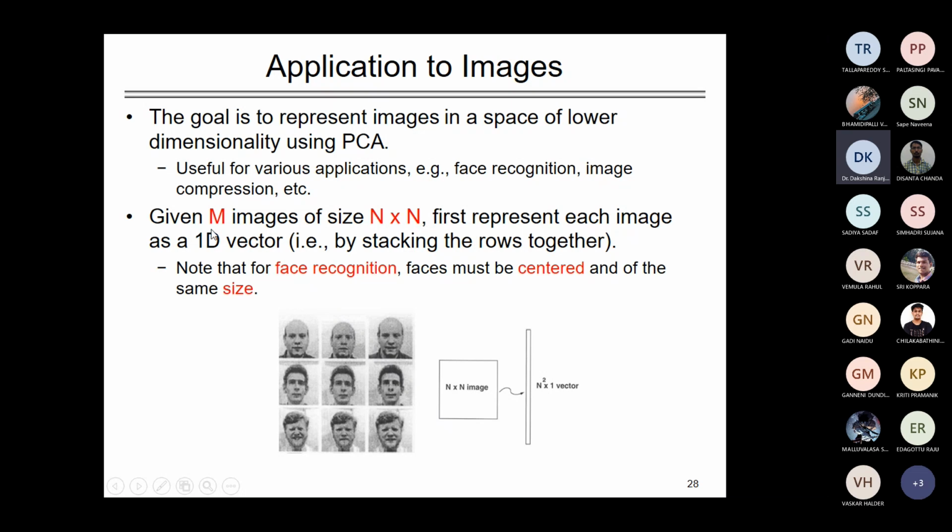First we represent each image as a one dimensional vector by stacking the rows together. So here we get this n by n image as a one dimensional feature vector, with the rows stacked together.